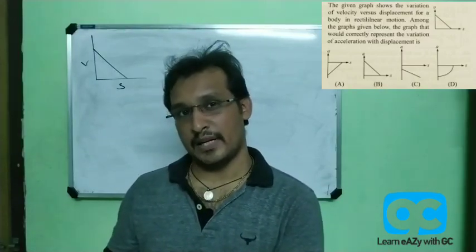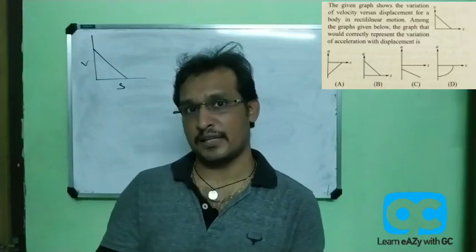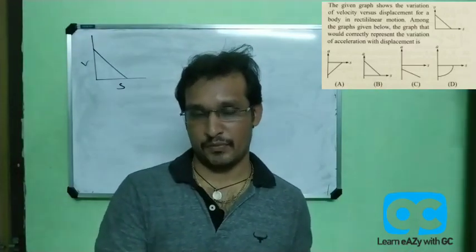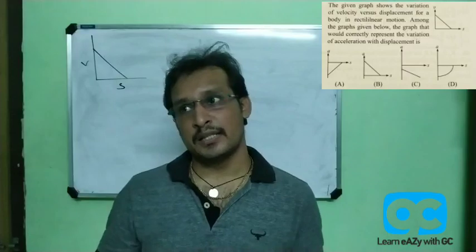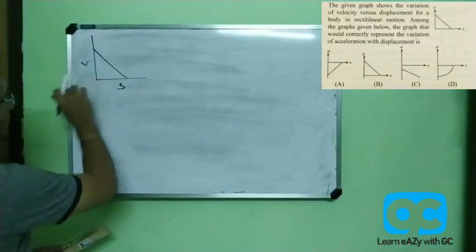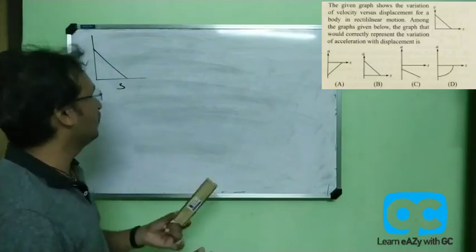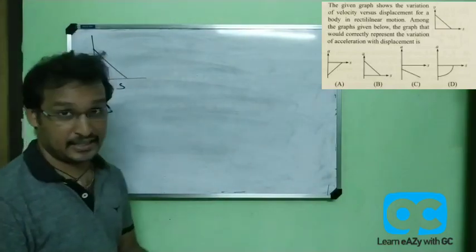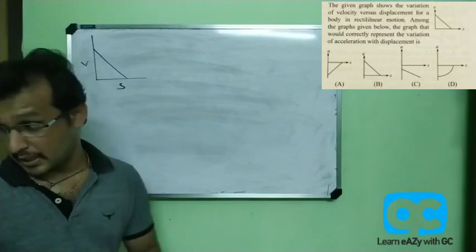Or they will give the I-T graph and ask for the EMF time graph. Similarly in this question, the velocity displacement graph is given, and what is the nature of the acceleration displacement graph? That is the question.